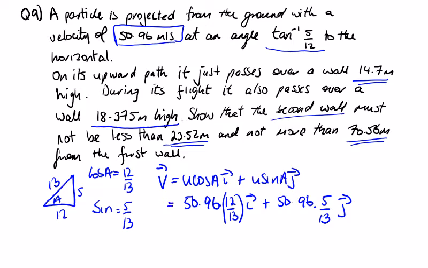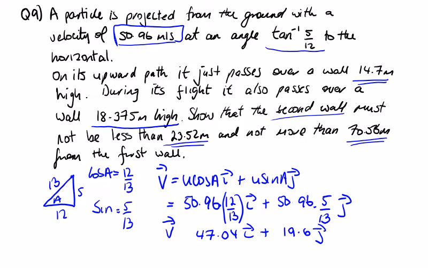I thought they might be whole numbers, but they work out to be decimals: 47.04 plus 19.6 in the j direction. So this is my initial velocity vector.